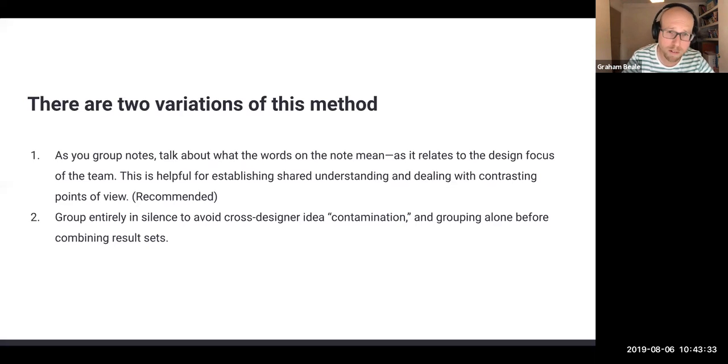So there are 2 variations of this method. As you group notes, talk about the words on the notes, what the notes mean as it relates to the design focus of the team. This is helpful for establishing shared understanding and dealing with contrasting points of view. So again, going back to what I mentioned earlier, I think it's a great idea, and it does take a bit of time, but going through each card individually, presenting it to the team, making sure they all understand what you've written.